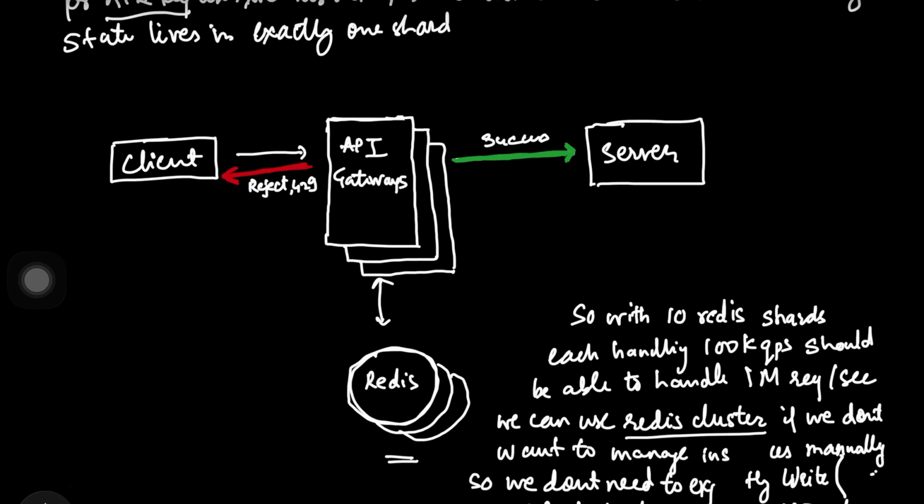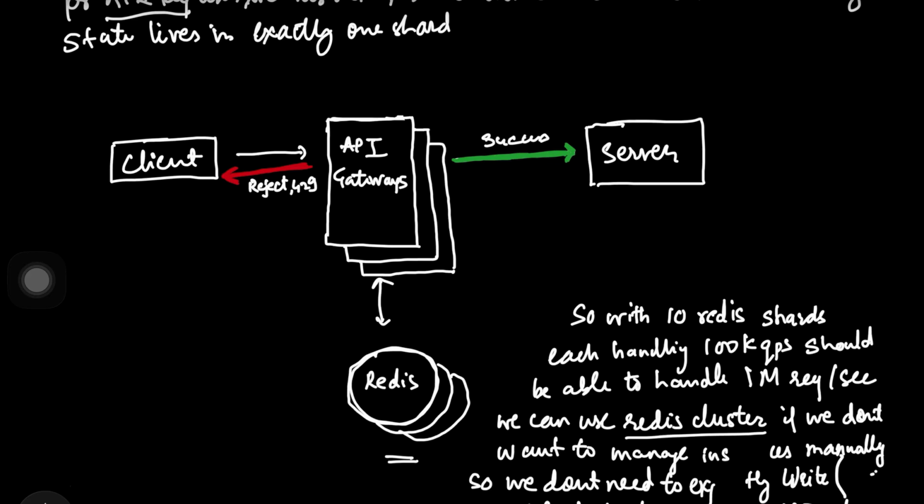And so that we don't have to manage this on our own, there is a facility given by Redis, that is Redis Cluster, so that we don't have to write our consistent hashing algorithm ourselves, and that is why we use Redis Cluster over here. This makes it manageable, and the beauty of this design is its availability over consistency.